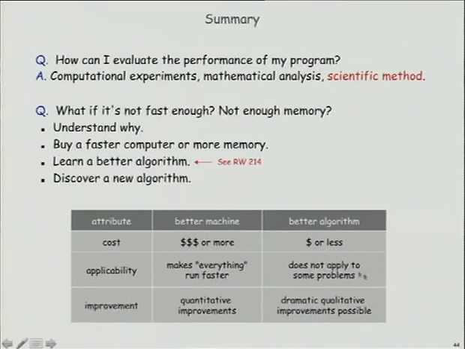In the case of a better algorithm, only that particular problem will be solved faster. However, the improvement of a new machine is a quantitative improvement. It will take somewhat longer or shorter, but in the case of a better algorithm, there will be a dramatic improvement in the running time of your algorithm.